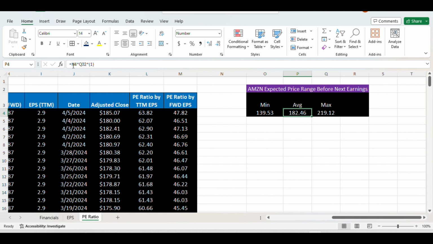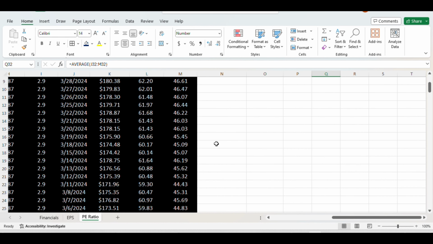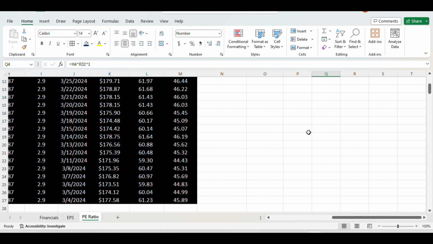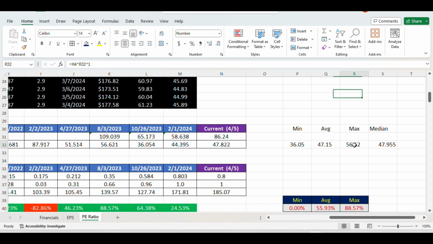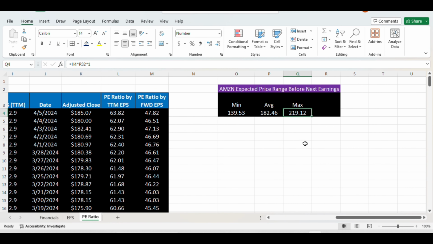Similarly for average, same formula, H4 that is EPS forward times Q32, average value of last 4 quarters forward PE, that gives you 182. The third one is the maximum, same thing, H4 that is EPS forward times R32, that is the maximum forward PE for last 4 quarters. So that gives me maximum 219.